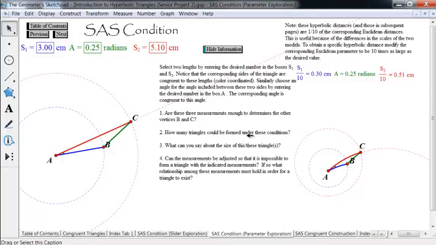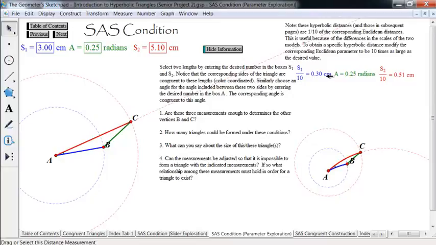Okay. Now these same parameters adjust here, but because of the scale, we found when we were doing this, if we made measurements here that made a decent looking drawing here, the drawing was way too big over here to fit on our page very well. So what we've done is, if you'll notice, the radian measure of the angle is the same, but what happens here is the S1 you divide by 10 to get the blue length over here as a hyperbolic distance.